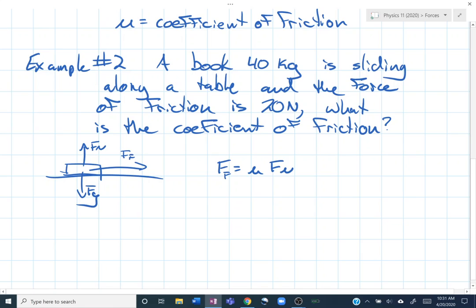And this is the formula that would be given to you on your formula sheet. In this particular instance, we are on a flat surface. It's not moving up or down. So Fn will be equal to Fg. We know, since we're on the surface of the planet, that we can use mg to calculate Fg, because Fg is equal to mg.